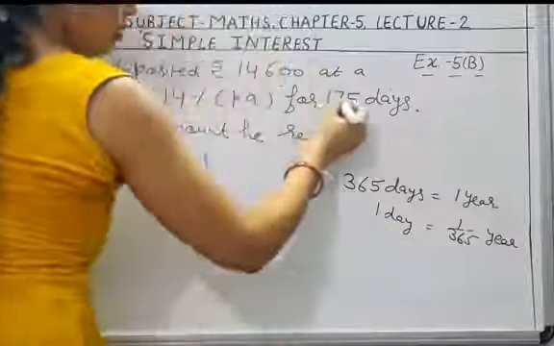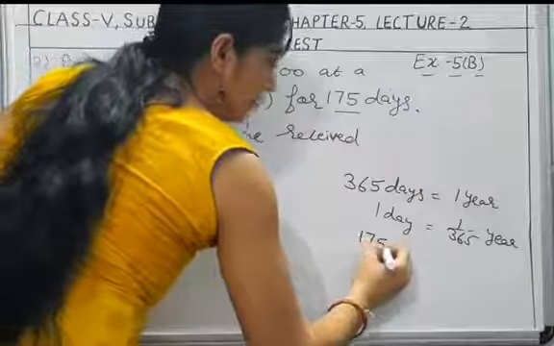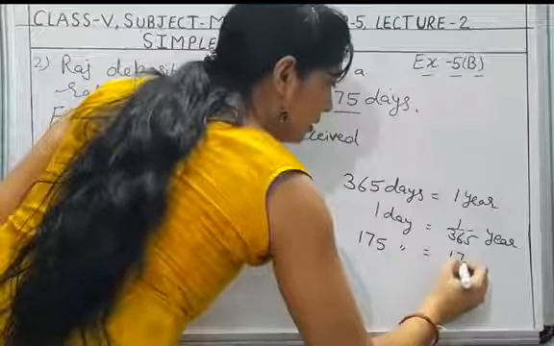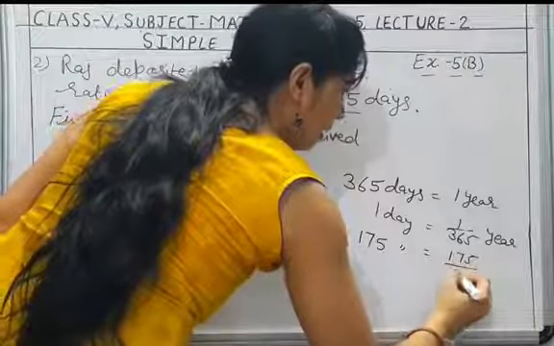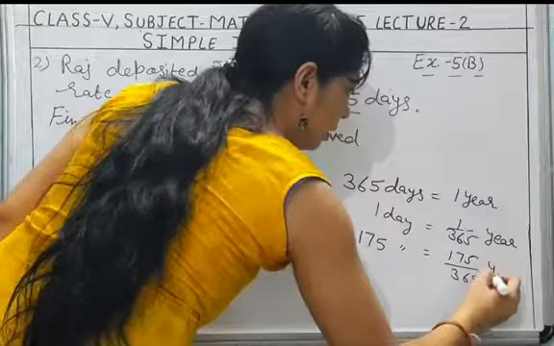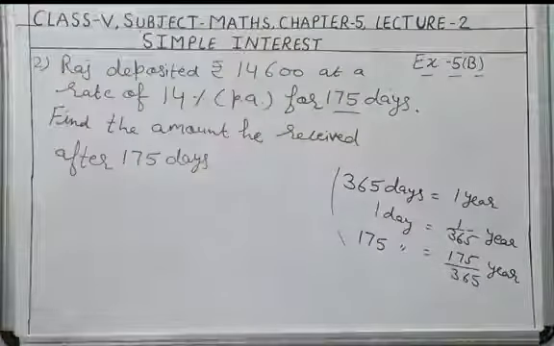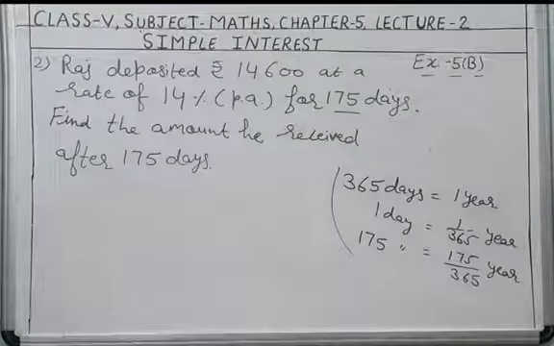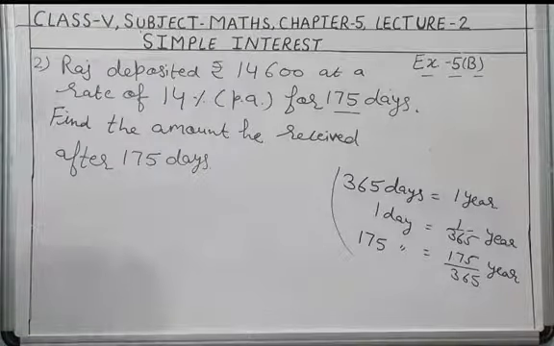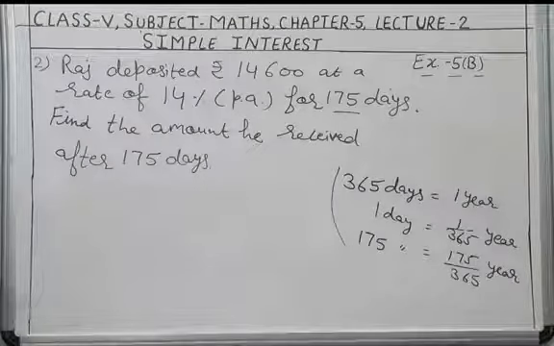And now here given 175 days is equal to 175 divided by 365 year. No need to solve this always, as it is given in your book in important facts. When the time is given in days, divide it with 365 to convert into years.